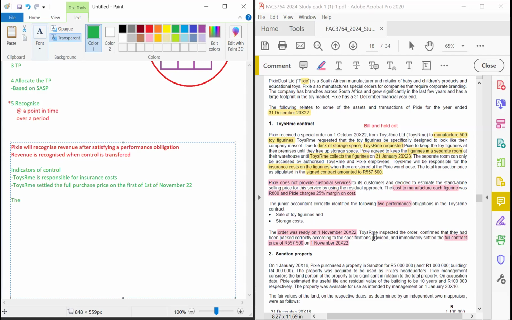So the toys will remain in the custody of PPE on the transaction date, right?